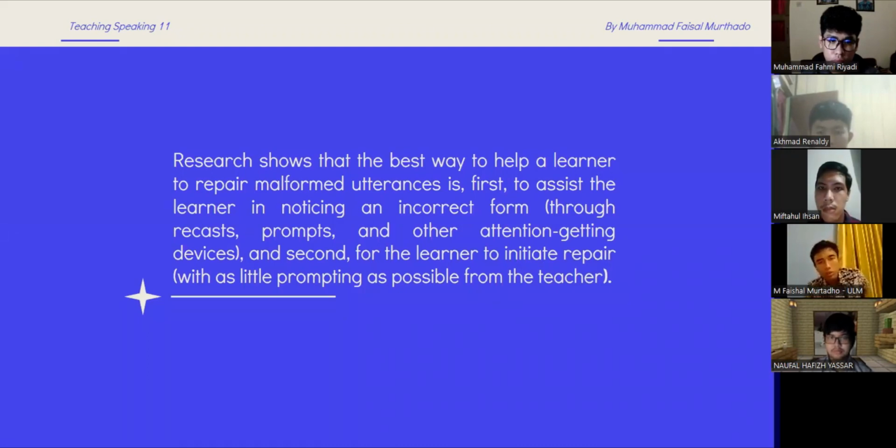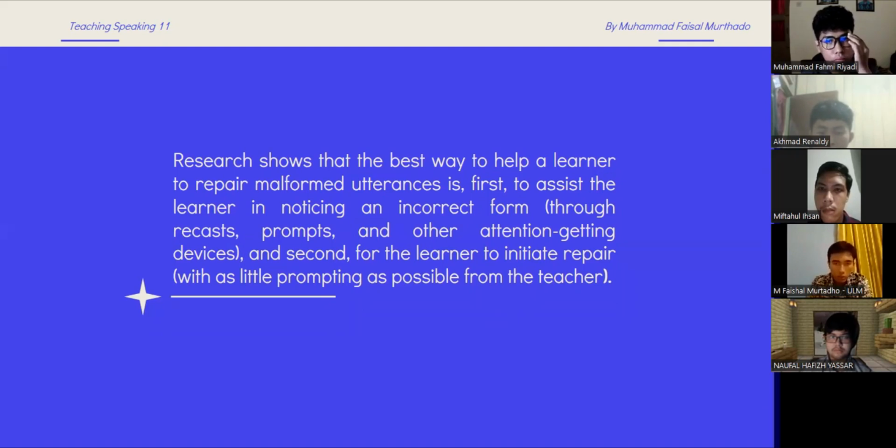Research shows that the best way to help a learner repair a malformed utterance is first to assist the learner in noticing an incorrect form through recasts, prompts, and other attention-getting devices in the previous slide. And second, for the learner to initiate repair with as little prompting as possible from the teacher.